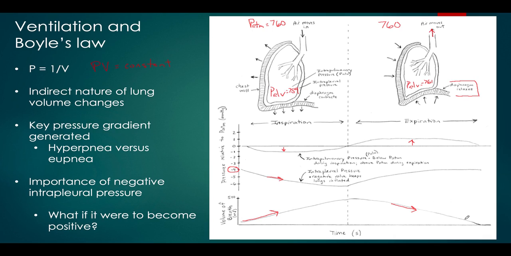Okay. Now, to jump into this idea of atelectasis. If we break this surface tension between here and here, if we were to upset that connection between the visceral and parietal layers of the pleura, and that can happen for a variety of reasons. The simplest to explain is if, let's say, we break a rib and we poke a hole in the lung.